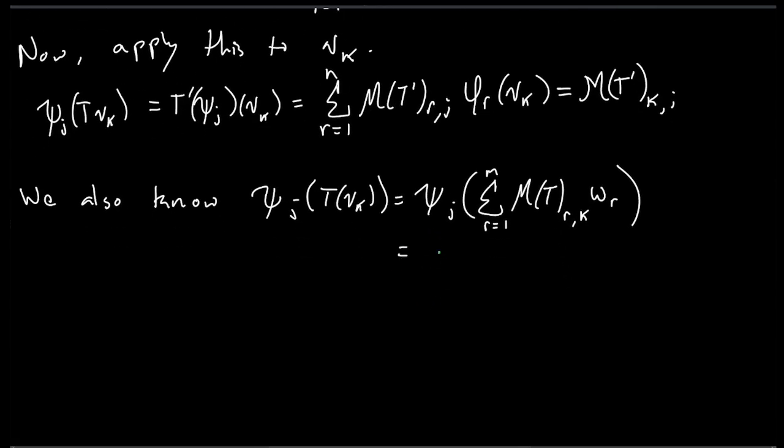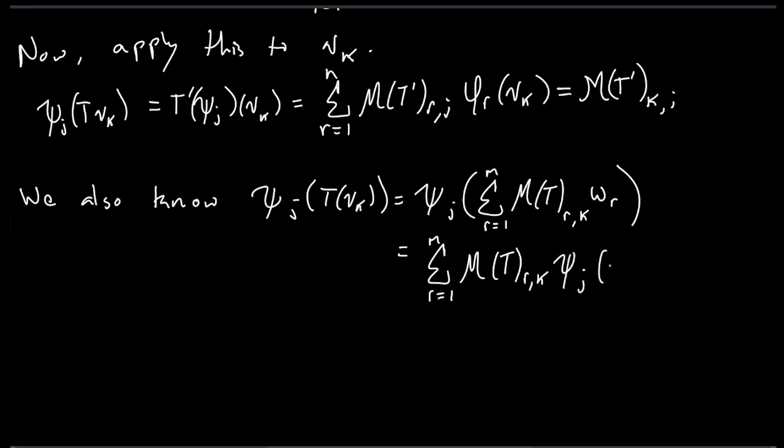But by linearity, I can split this up. So this is a sum from 1 to m of the matrix of T, rk, psi j of Wr. Psi j, not phi j, sorry, I'm writing my psi's and my phi's too quickly.